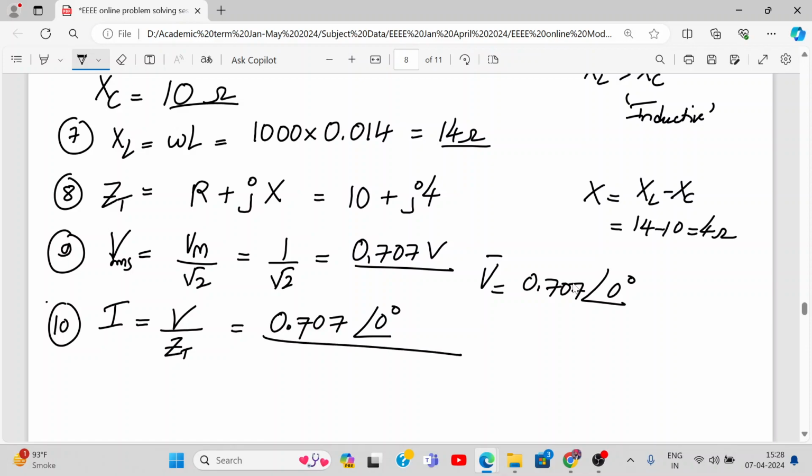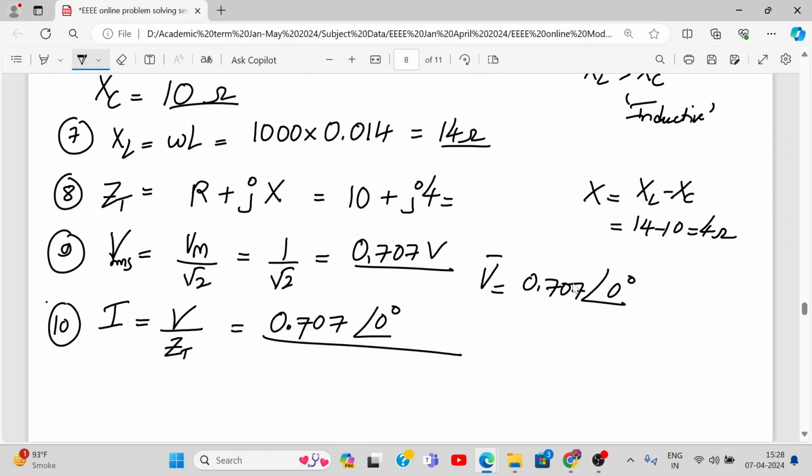What is ZT? Please convert this into polar form. 10 plus J4. What is the polar form of it? Shift polar 10, 4.